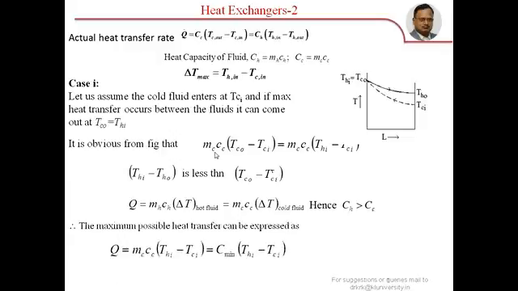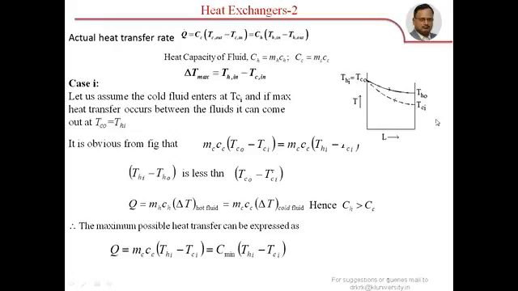Then we can write the formula MCCC (THI minus TCI), where MCCC is the heat capacity of cold fluid, which is less than the heat capacity of hot fluid. Hence, it is known as the minimum heat capacity fluid. So we write C minimum into THI minus TCI. Therefore, the formula for maximum possible heat transfer in a heat exchanger is the minimum heat capacity fluid into THI minus TCI.